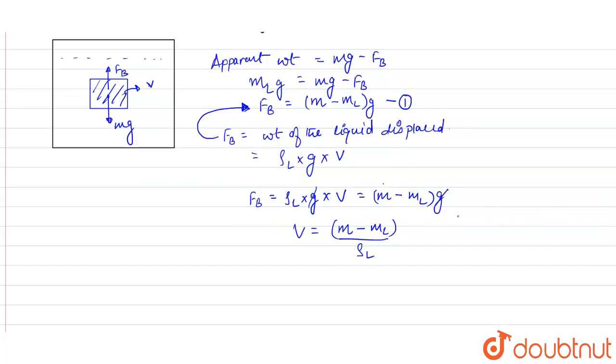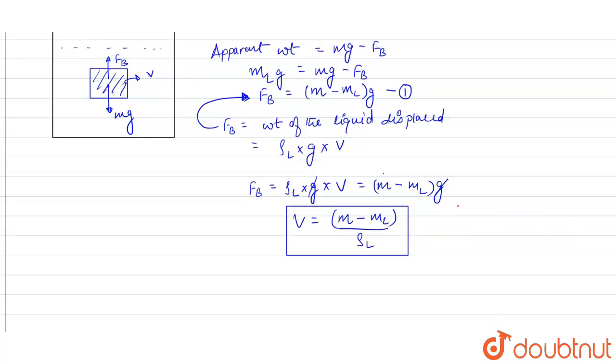So we have calculated the general formula to calculate the volume. Now calculate the volume at different temperatures. First, calculate the volume at 27 degree Celsius. The initial volume will be mass of the block in air minus mass of the block in liquid at 27 degrees Celsius, divided by density of liquid at 27 degrees Celsius.